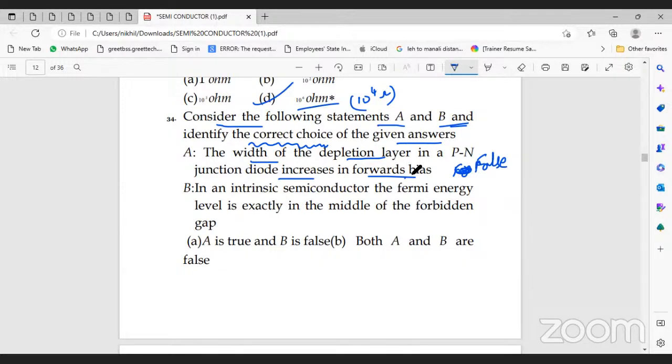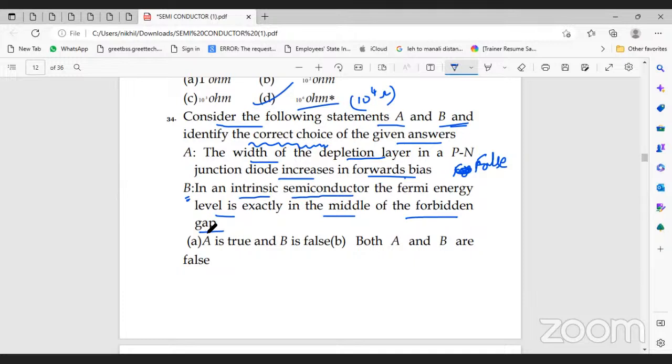So what can you tell? Statement A is false. Actually, the depletion region decreases in the case of forward bias. Look at the second statement: in an intrinsic semiconductor, the Fermi energy level is exactly in the middle of the forbidden gap.